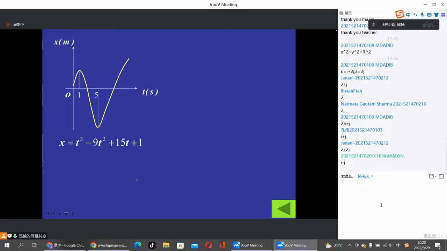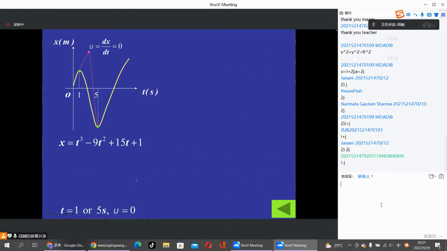So we need to draw this plot. The x-axis is time t, and the y-axis is the displacement. And when t equals 1 or 5 seconds, v equals 0, and it turns around.